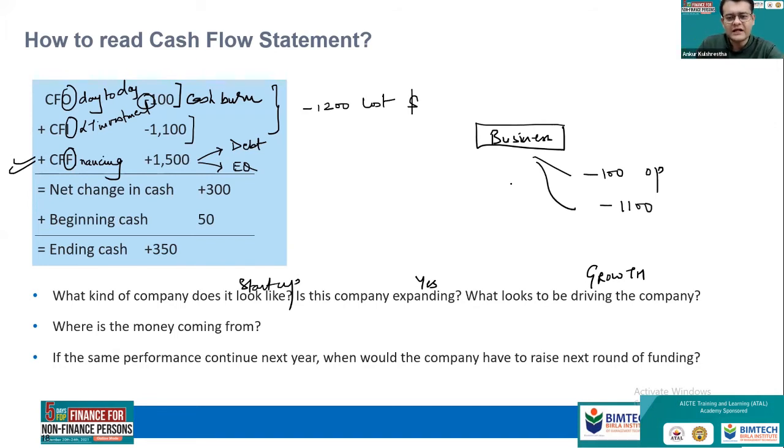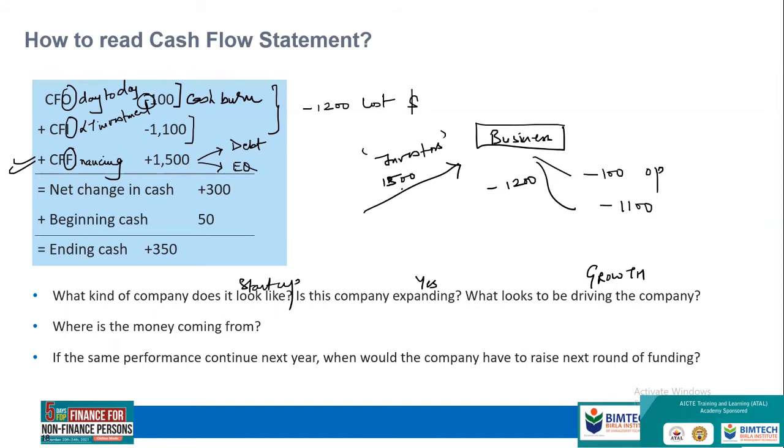So therefore, net 1200 lost. Who is giving the business this money? The investors are giving this money. That is signaled by this positive number.